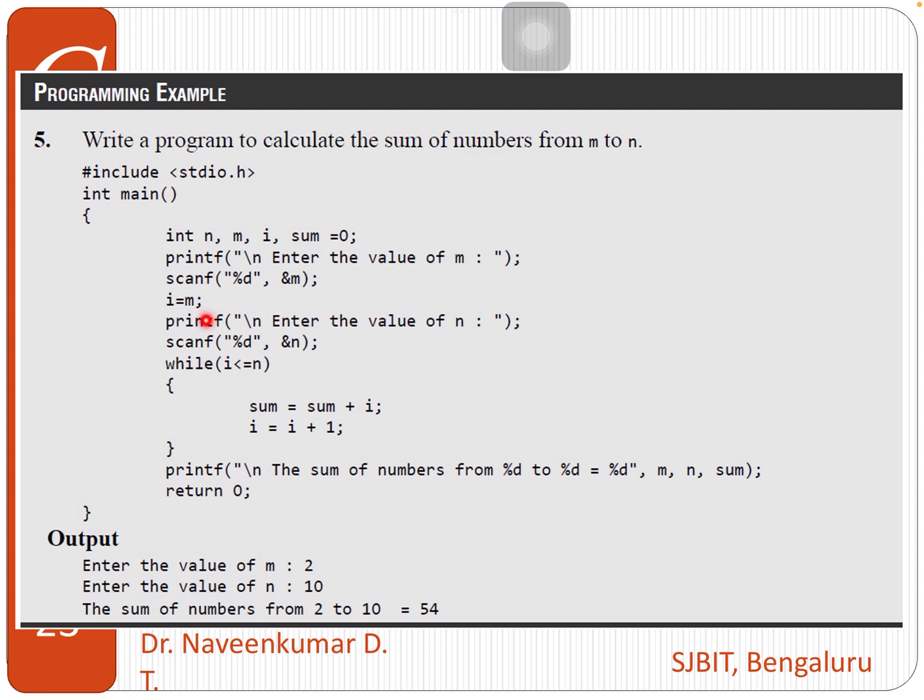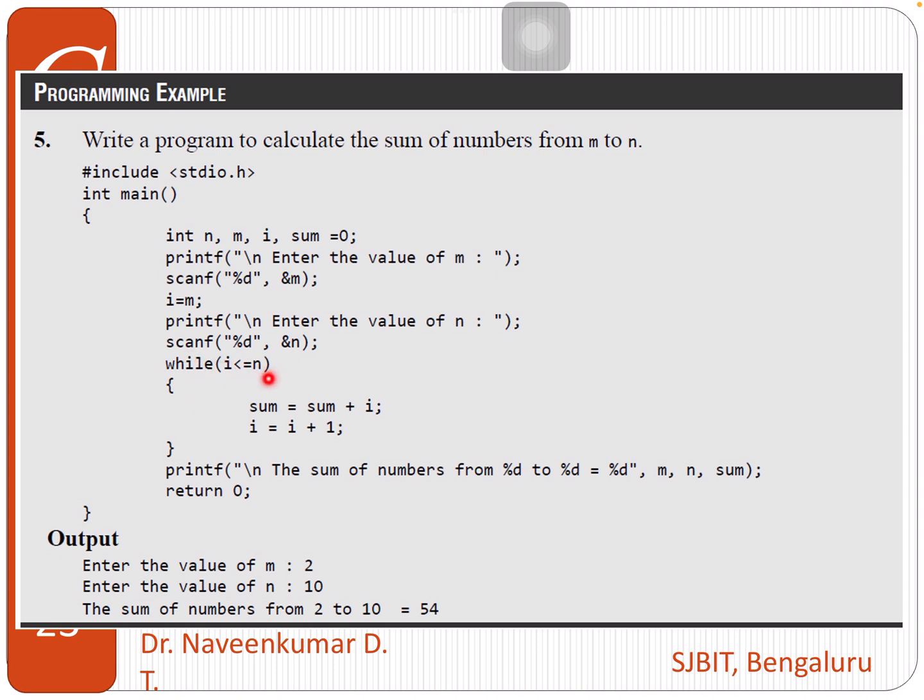What is the value of i now? Have you entered the value of i? Not yet. Therefore, the i value will be taken as m, that is, i is stored as 2. Next, we ask to enter the value of n. The value entered is 10, which is stored in n.